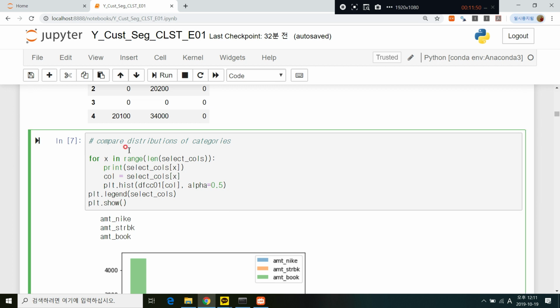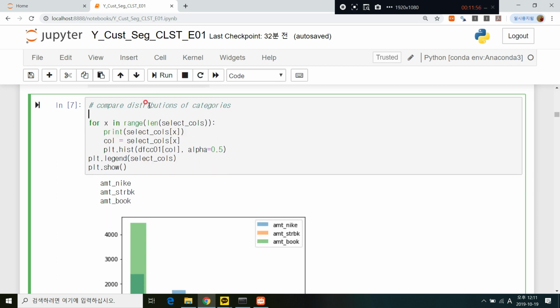The next step is comparing the distribution of categories. To compare the category by category differences, we make a histogram using pandas and matplotlib, with columns and alpha.